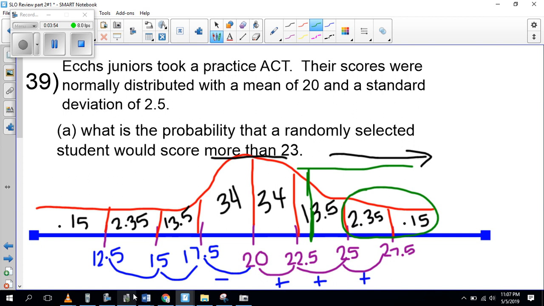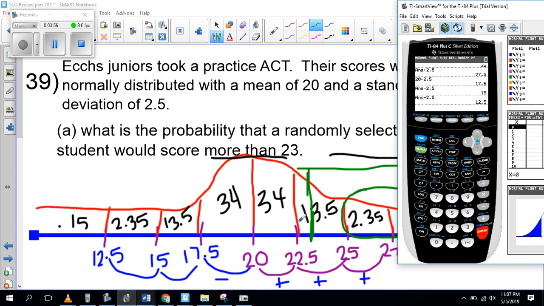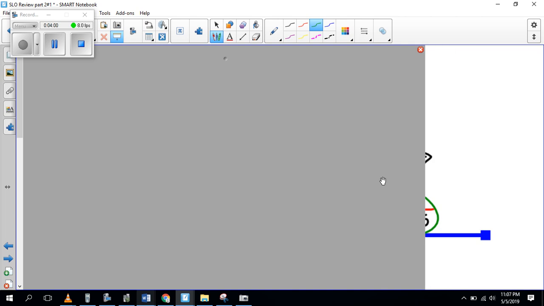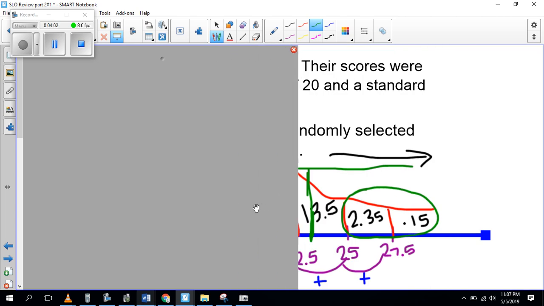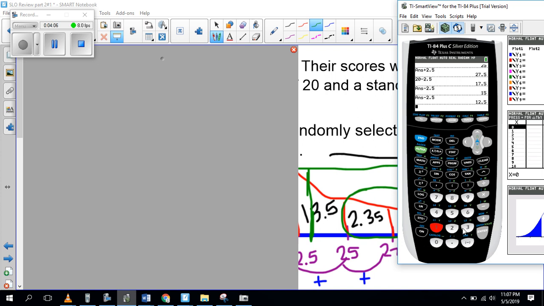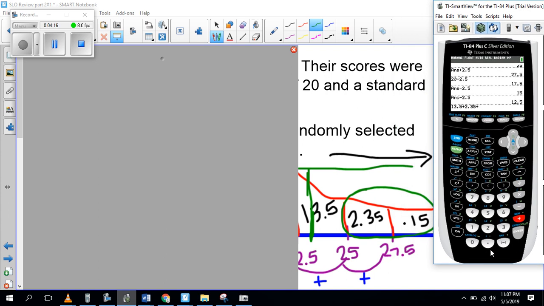If we would add up from here, just that part, we would get 13.5 plus 2.35 plus our last one here is 0.15. And that would give us about 16%.